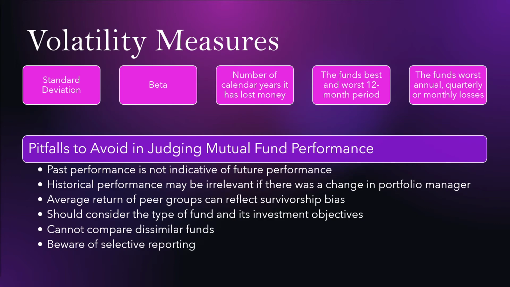Another pitfall to avoid is failing to consider the type of fund and its investment objectives. Along with that, you cannot compare dissimilar funds. So if you are looking at an equity fund, you cannot compare it to a balanced fund or a bond fund. You should only compare an equity fund with another equity fund.